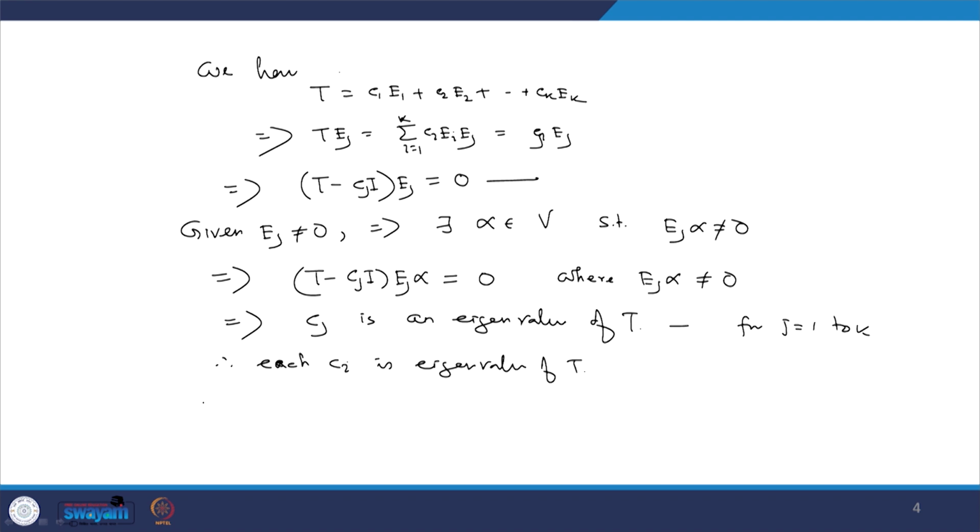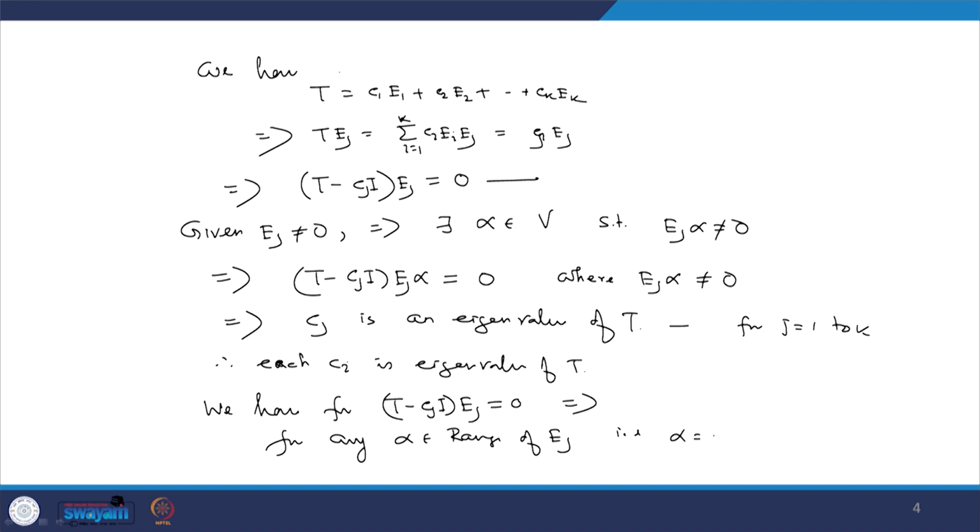Now, we also have from (T minus Cj I) Ej equal to 0, this implies for any alpha belongs to range of Ej, that is alpha equal to Ej alpha, (T minus Cj I) Ej alpha equal to 0.